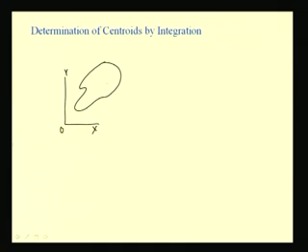We have already considered that if I have an area and I am interested in finding the centroid of this lamina or plate, then I consider a small element, say dA, which is equal to dx times dy, where these are the dimensions of this element.